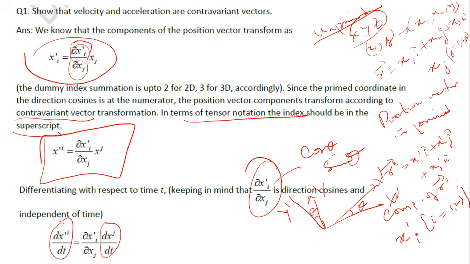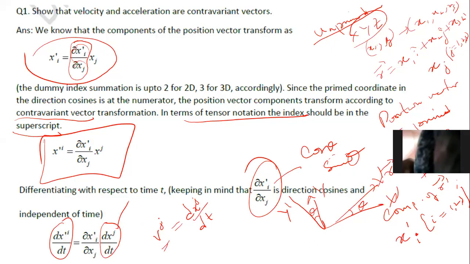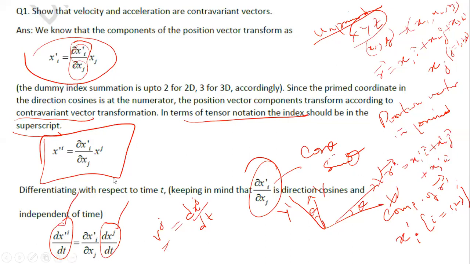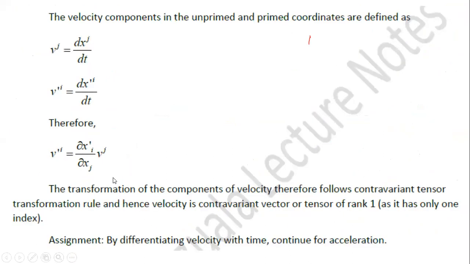Okay, so what is this? This is actually the velocity Vj. Differentiation of the position vector will result in the component of velocity in unprimed. This is the component of velocity in the prime coordinate system.